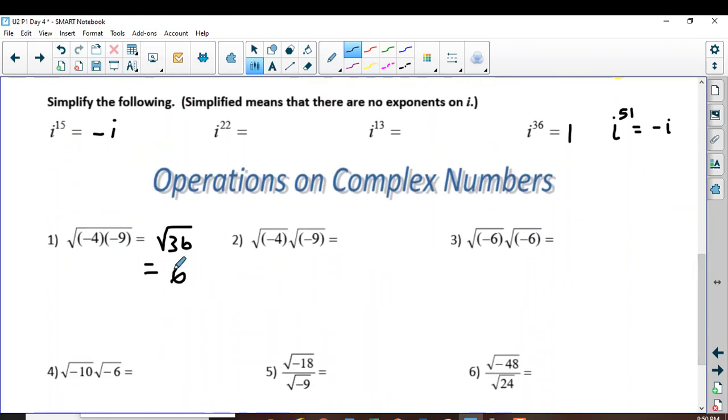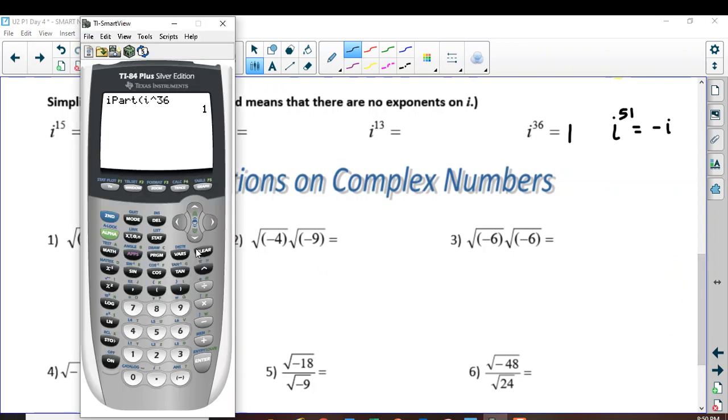And now these I'm just going to type in like it is. So I've got the square root. If you have these things underneath, negative 4 times negative 9 is 36, and then the square root of that is 6. All right, or I can type that in just like it is.